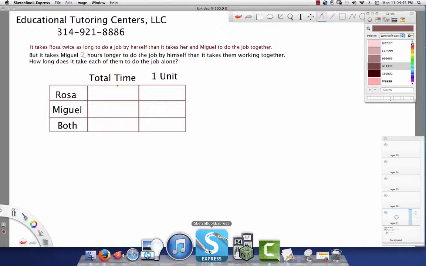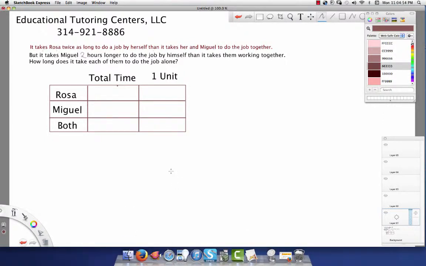So what I've done is I set up a little chart here to see if it can help us organize our work so that we can do this problem. So here, Rosa's total time, which we don't know, but we know that it's 2 times the total time that it takes them to do the work together.